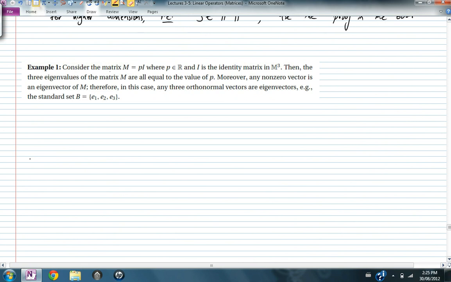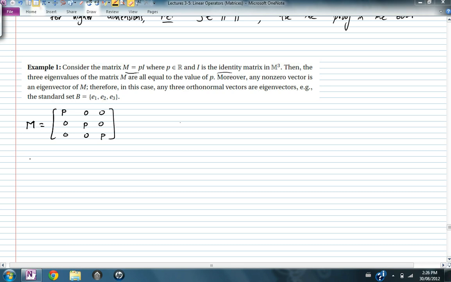So consider the matrix M. It's a diagonal matrix. In fact, it's equal to P 0 0, 0 P 0, 0 0 P. P is a real number and I is the identity matrix, and so the matrix M is equal to PI.